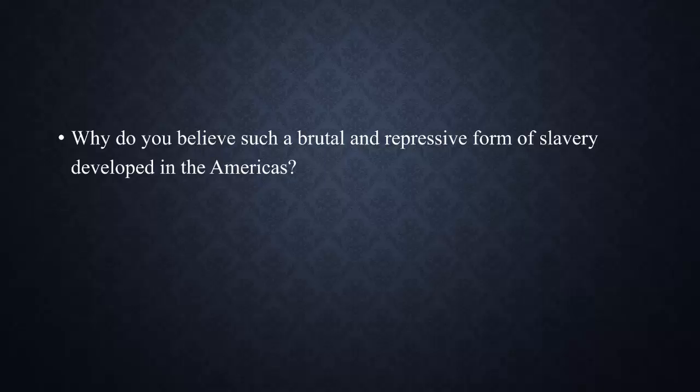And also what you end up seeing in these slave societies is a really high level of social stratification, meaning there's a very wide gap between social classes. So often you have a plantation owner class, the people who own the land and the slaves, who are incredibly wealthy. Then you typically have not much of a middle class and a large poor class of whatever the dominant group is.